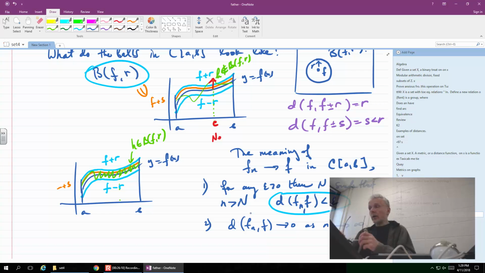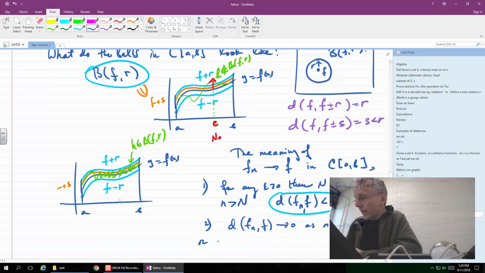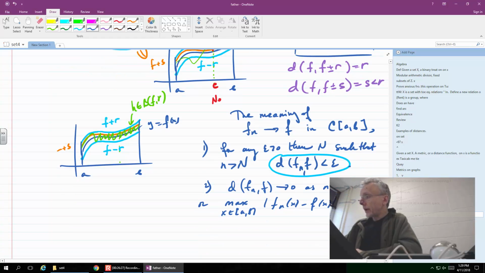So the maximum over x within [a,b] of |f_n(x) minus f(x)| is going towards 0. There is a word for it, which may or may not come up in calculus 2. It is called uniform convergence.